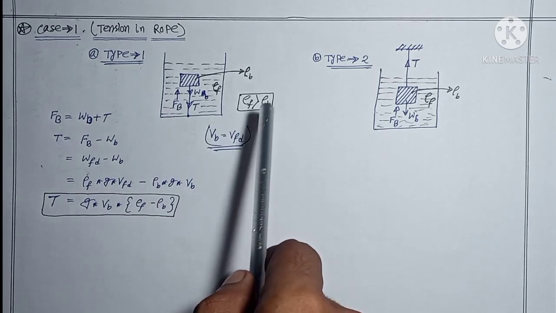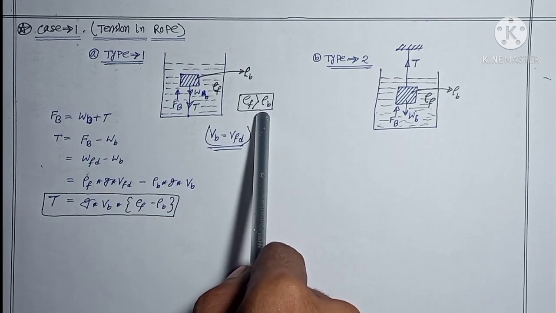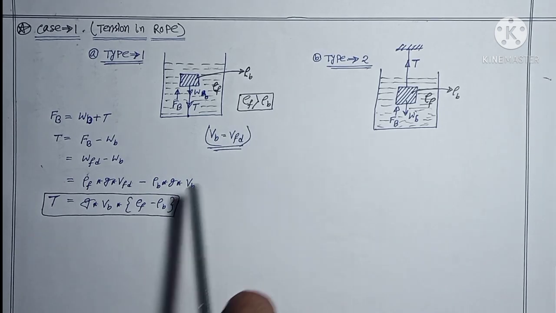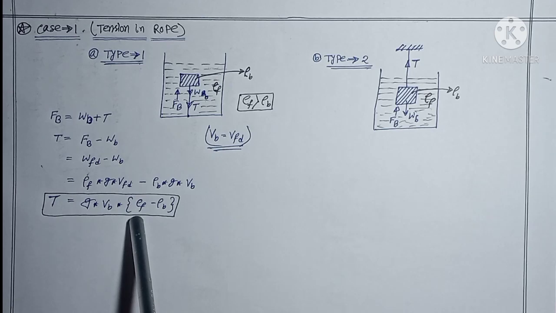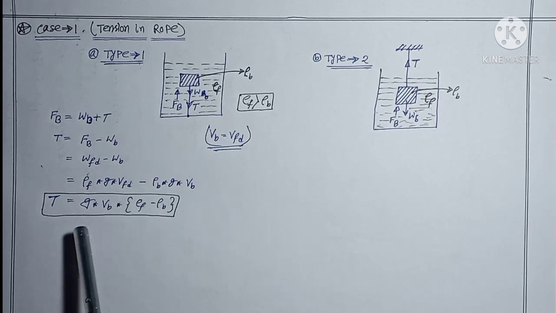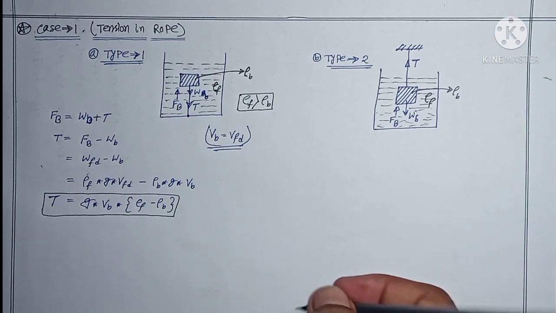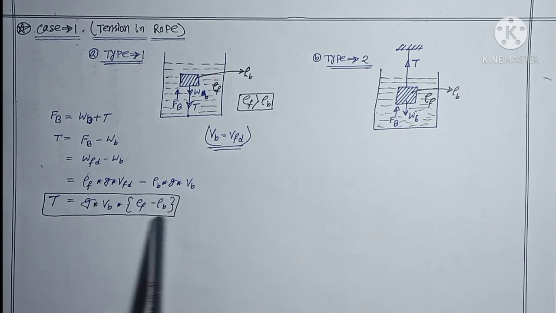So the main point is that the density of the fluid is more than the density of the body, and we have to subtract the lesser value from the greater one. Is it clear?